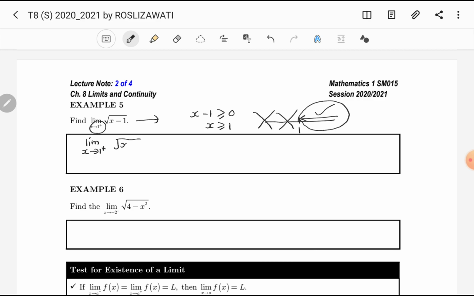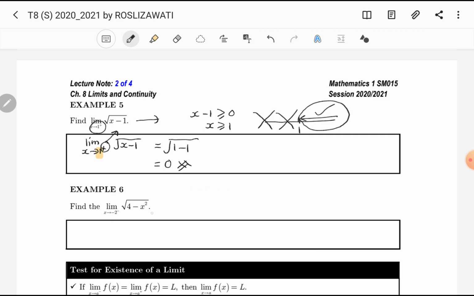The function is surd x minus 1, and we substitute 1 into the function. So we will get surd 1 minus 1 equals 0. The positive or negative sign on top shows whether we look from the left or from the right. But when substituting, we substitute just 1. Don't substitute 1 positive when pressing the calculator, because it doesn't know where the positive goes. We just enter 1. But for this case, we consider the function from the right. Okay, next.